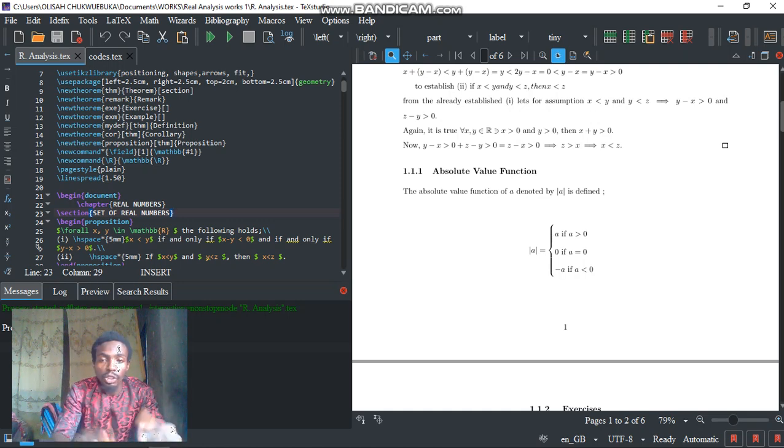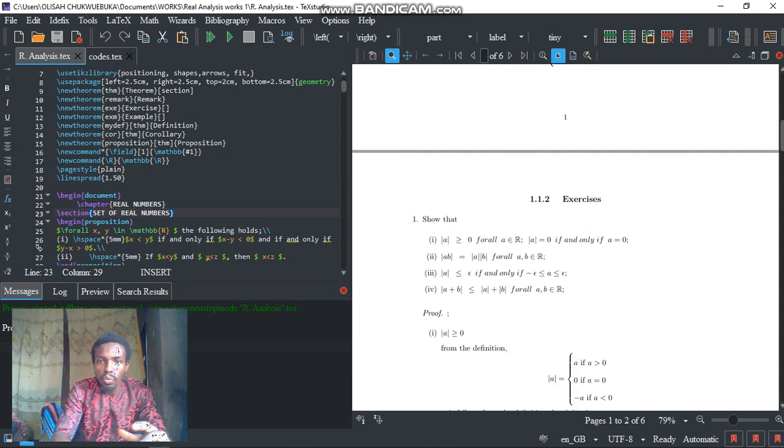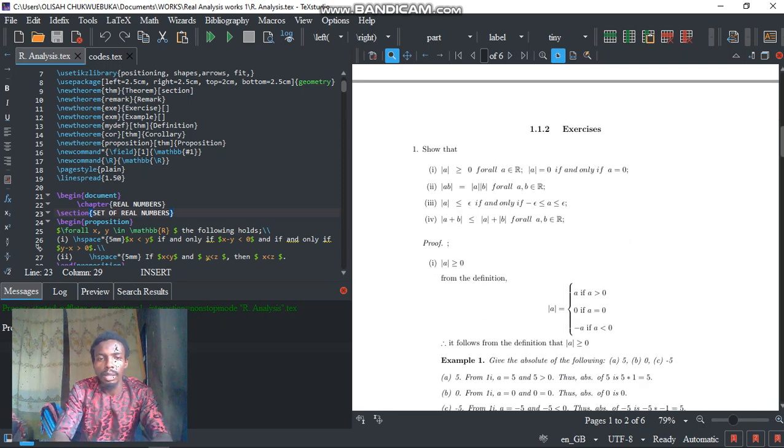Let's jump to the exercises. So this is exercise one, actually an example in the textbook, but I want to solve it and elaborate more on it, because the examples in the textbook are more like exercises.